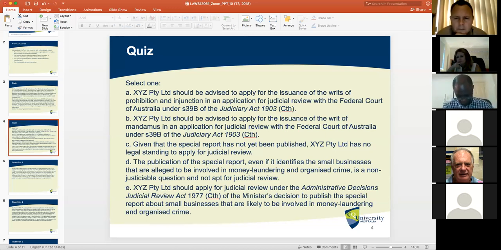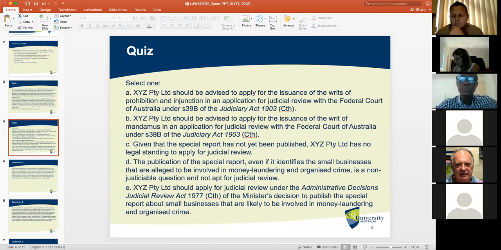Okay, so the writ of prohibition is available under Section 39B of the Judiciary Act against an officer of the Commonwealth. And we know, following judicial precedents, that prohibition would be available in order to prohibit further unlawful action on the part of the executive.